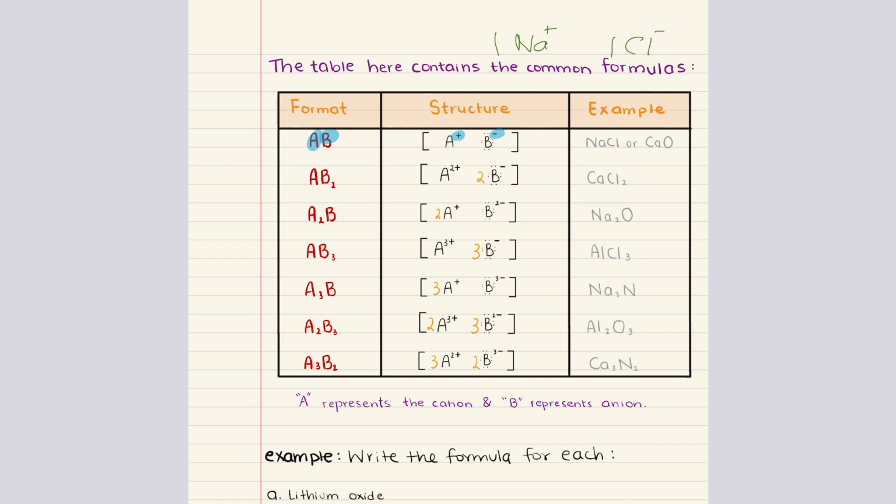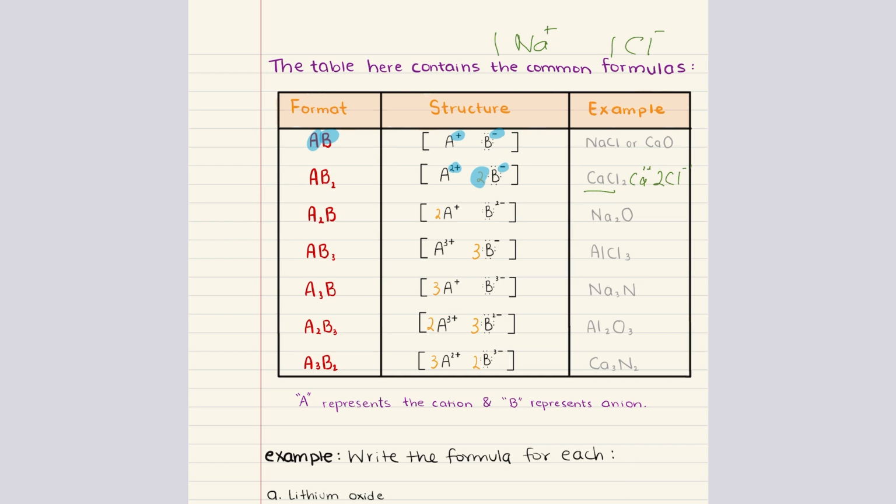What about when you have a +2 cation that pairs with a -1 anion? In this case, you need 2 anions to balance the charge. An example is calcium chloride. Calcium forms a 2+ cation. Chlorine forms a -1 anion. To balance this, you're going to need 2 chlorine atoms for each calcium cation.